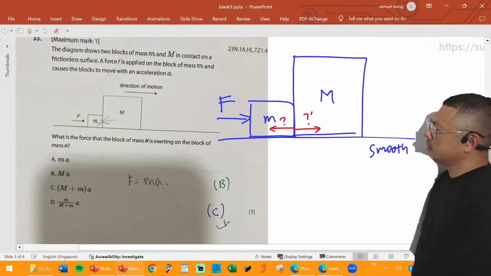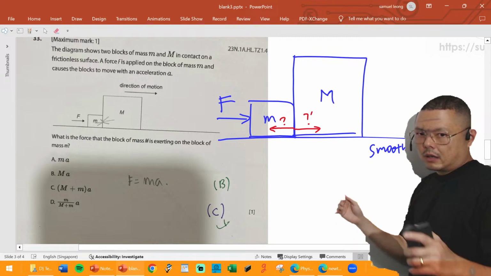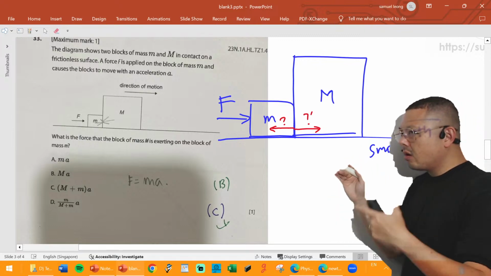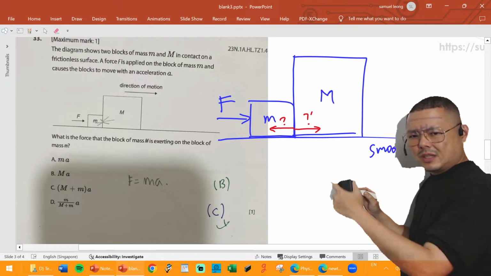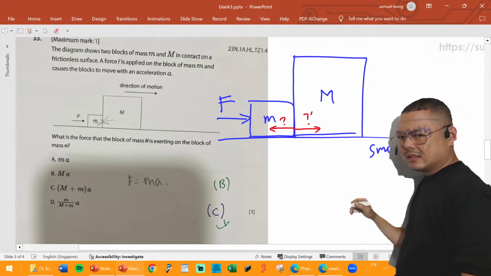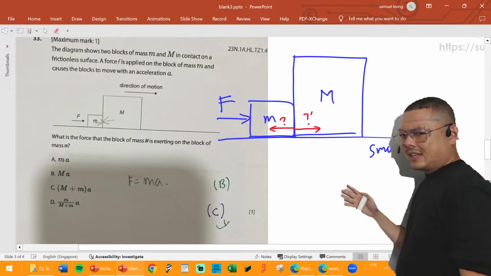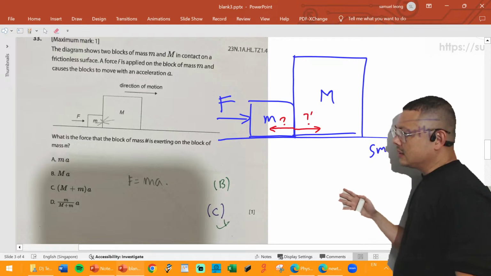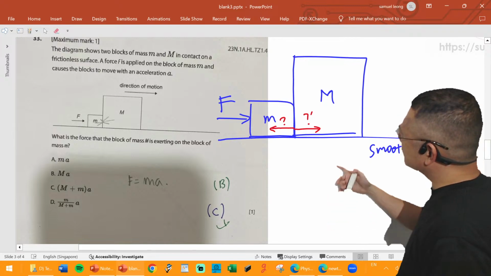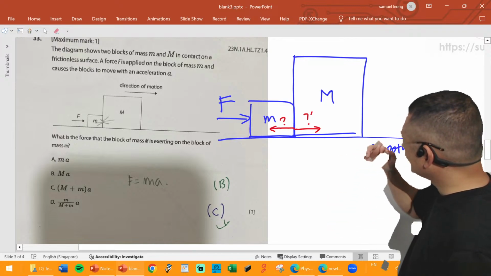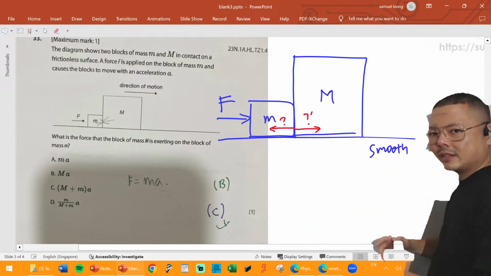Question prime. Remember, this was also covered inside the March holidays videos: Newton's three laws, first law, second law, third law. Learn how to do the big picture, small picture thing.